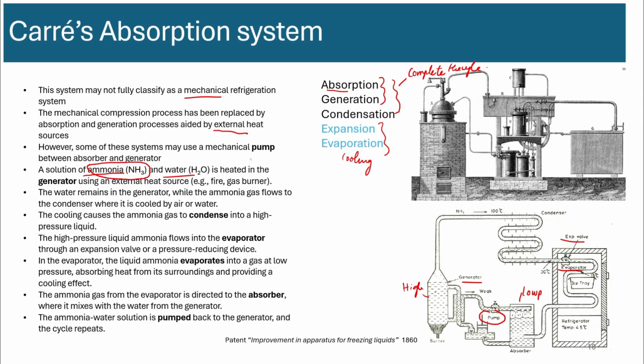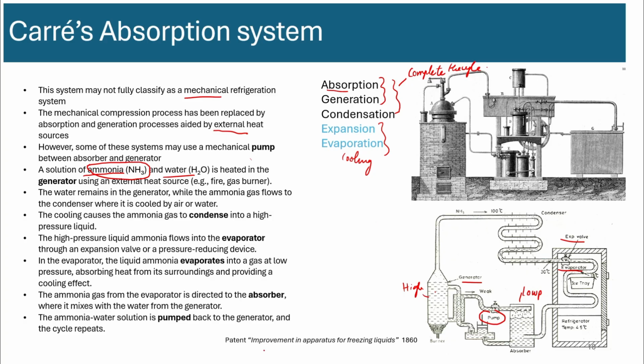Water is replacing the effect of the compressor through absorption and generation, along with the pump. So ammonia is primarily doing the expansion and evaporation and the cooling, and the water, or sometimes hydrogen, if it's used, supports that process. We'll look into more details on this later.